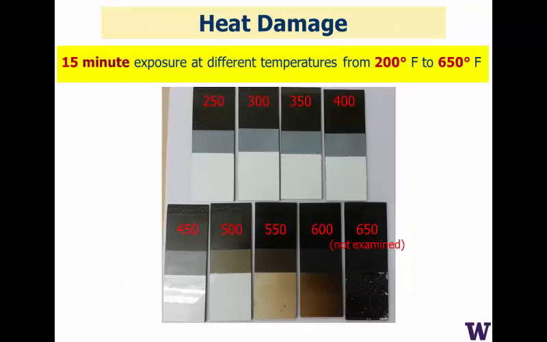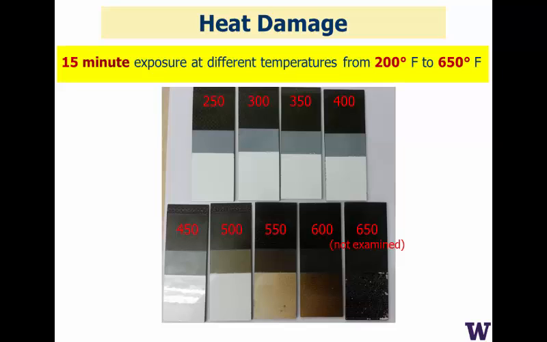Okay, next, what about another application? Heat damage. A very important issue in real samples used in aerospace. This is a set of samples we got from some of our Boeing colleagues, who took test samples and heated them for 15-minute exposures at temperatures ranging from 200 degrees Fahrenheit to 650 degrees Fahrenheit.